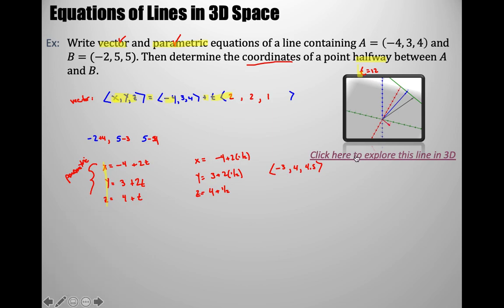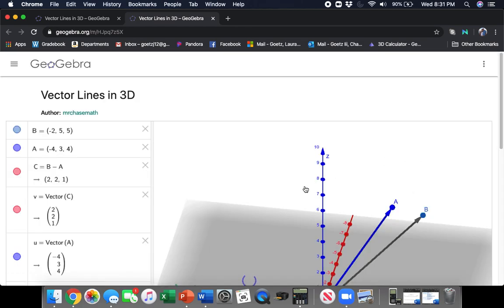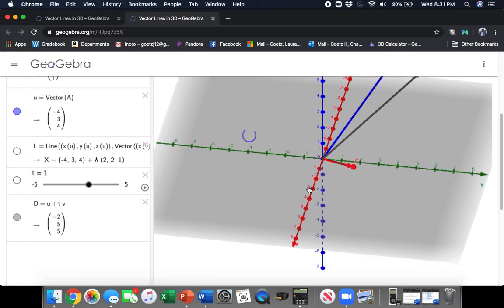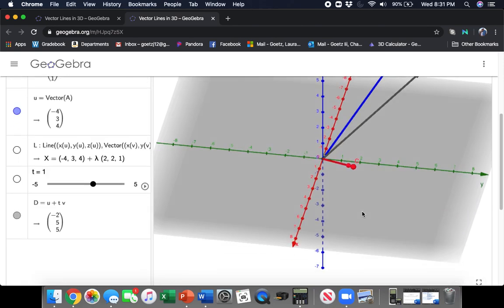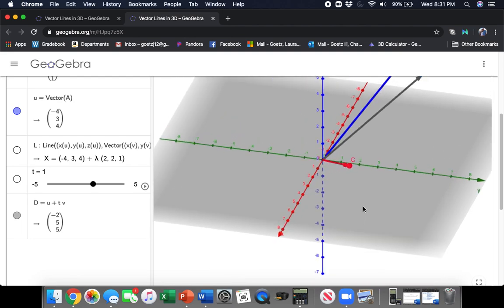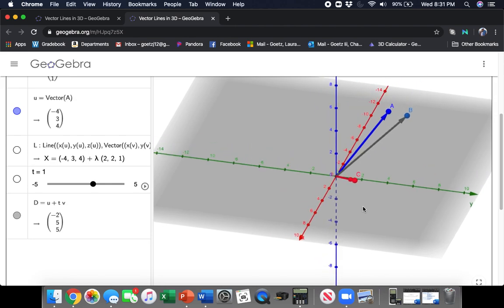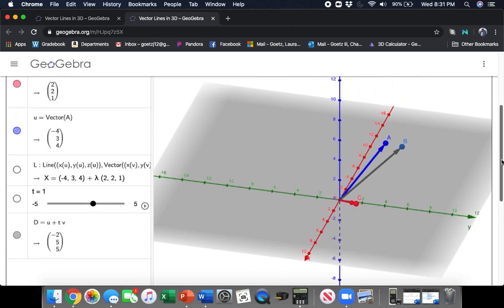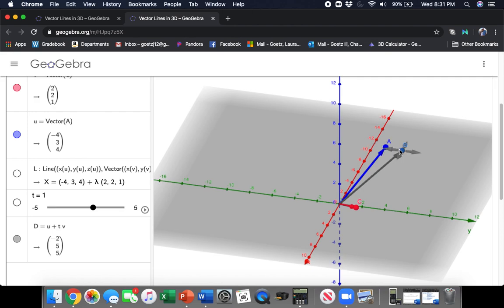Let's look at this in Geogebra. Check this out. Here's the XY plane. And there's point A and B. And let's see what this does.